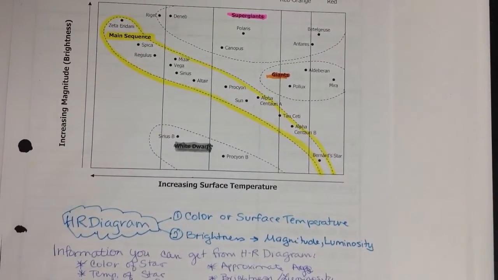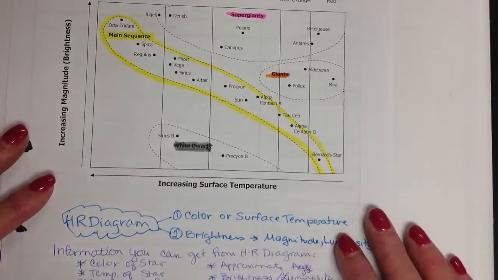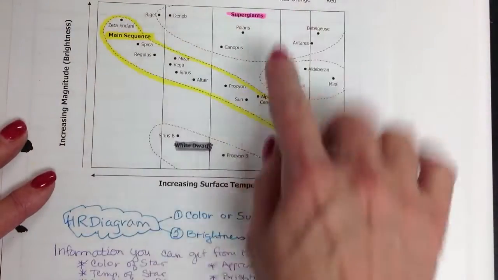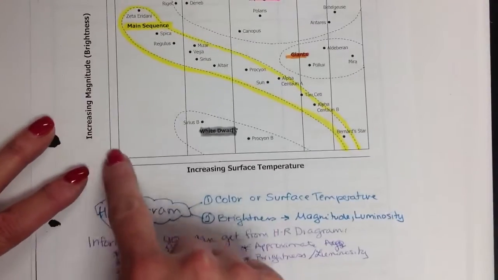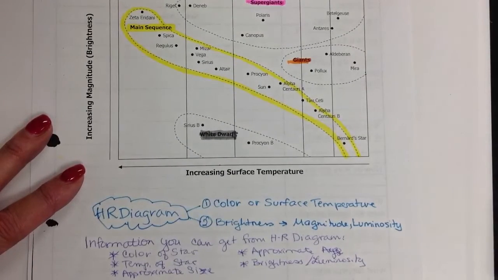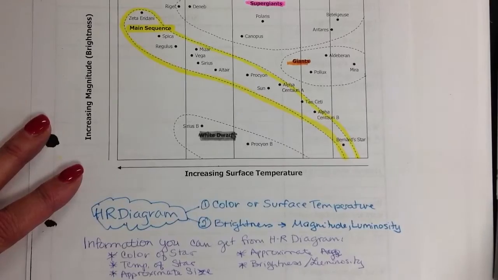Now, like I said, you can't look up at the night sky and see the stars like this. This is not how they are. This is the plotted stars on a diagram based on surface temperature and brightness. Okay? So let's elaborate here for a minute.